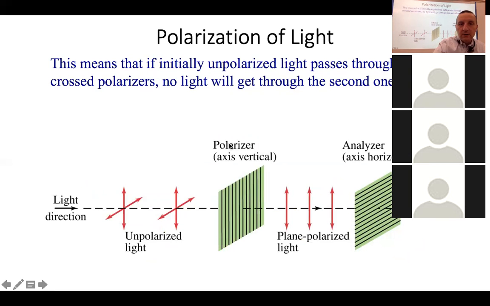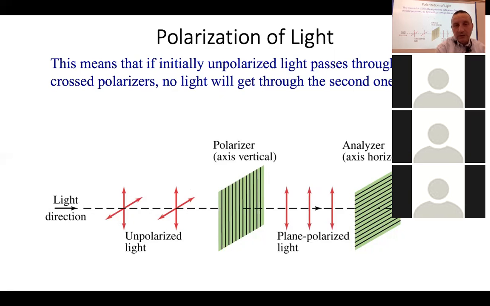So here's what I'm talking about. Here's our polarizer. You can imagine this unpolarized light coming in and it hits this polarizer and only the vertical plane light passes through, which is not 100% true.